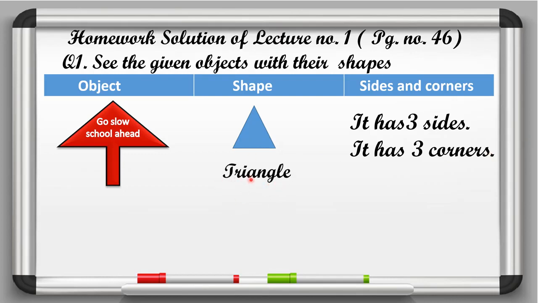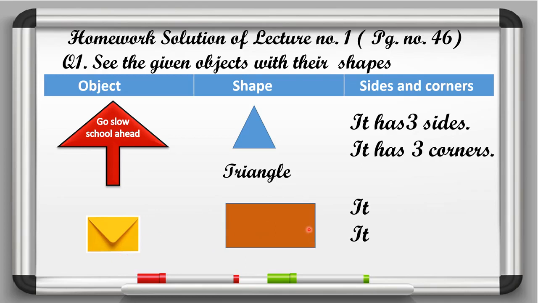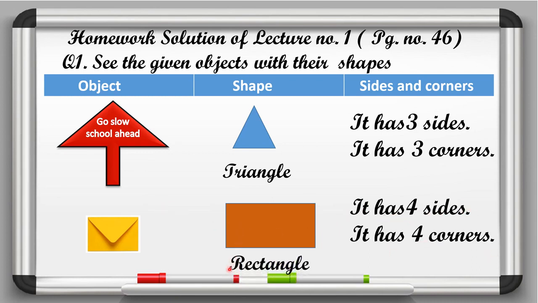Triangle. Understood? Now the next one is an envelope. And this shape is given. It has 4 sides. It has 4 corners. So which shape is this? That is rectangle.